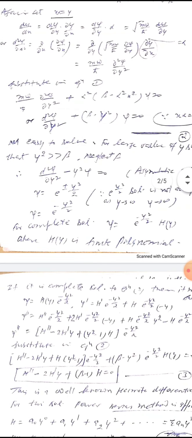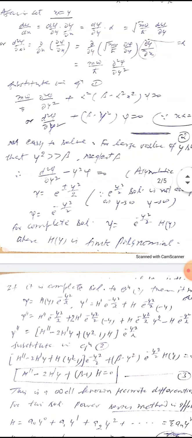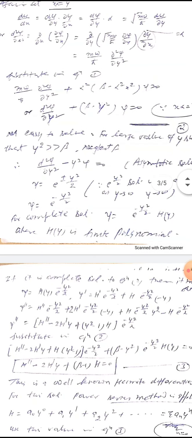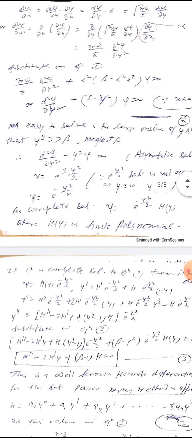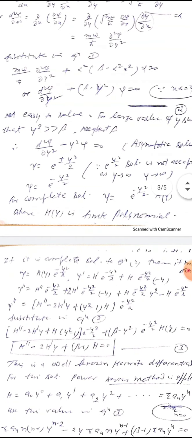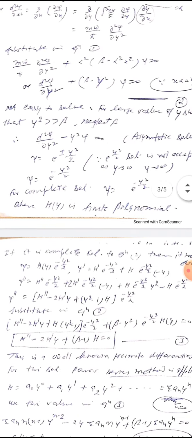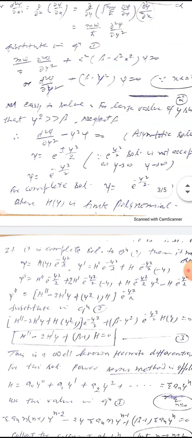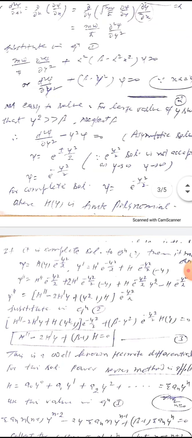The positive part, that is the e power xi square by 2 solution, is not acceptable in this problem. The reason being, as soon as xi approaches infinity, the wave function also becomes infinite. From the fundamental postulates of quantum mechanics and the concept of wave function, psi should remain finite and single valued.